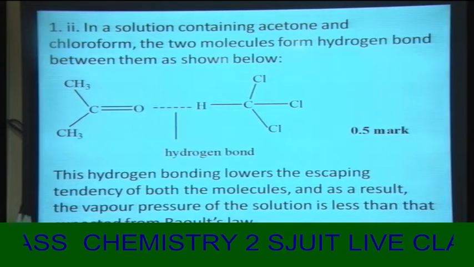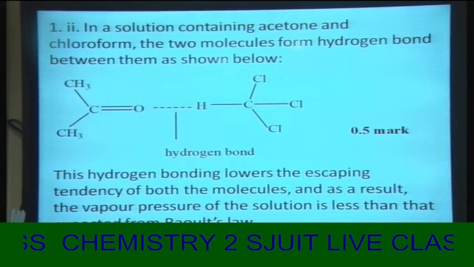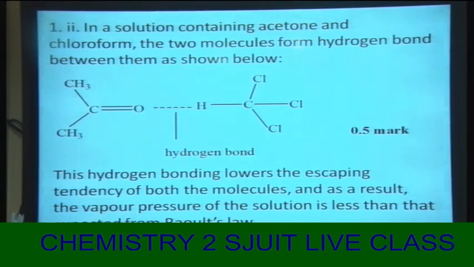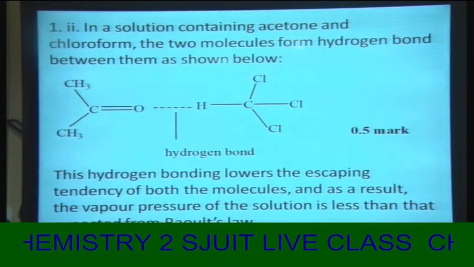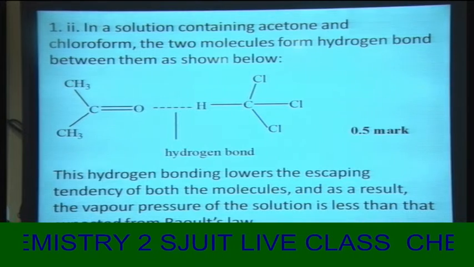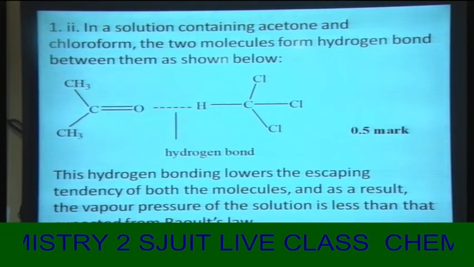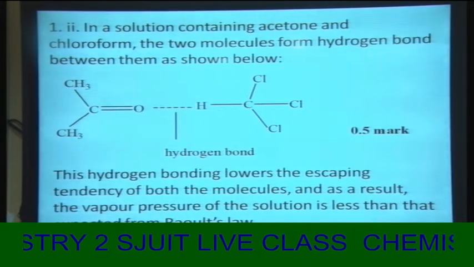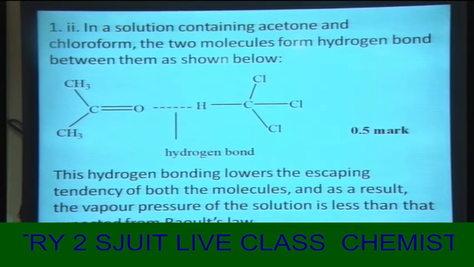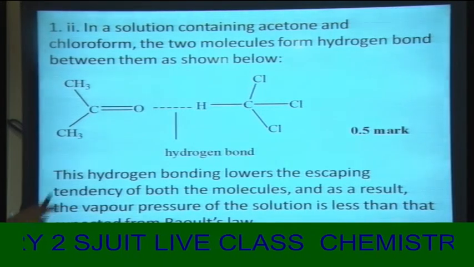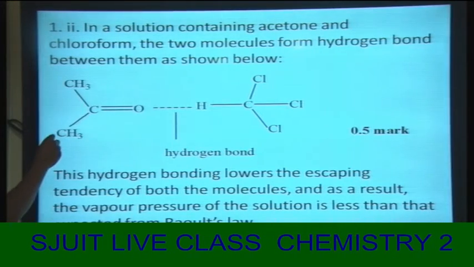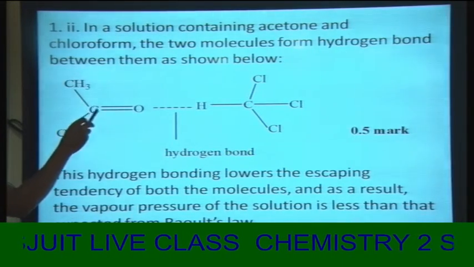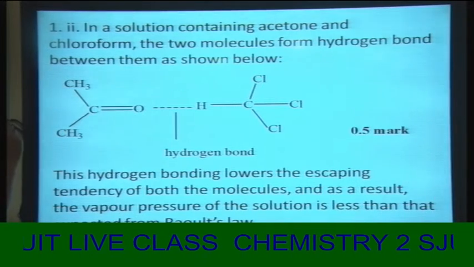In a solution containing acetone and chloroform, as you can see from the structure, acetone and chloroform form a hydrogen bond between themselves as shown below. This is the acetone molecule with 3 carbons and a carbon-oxygen double bond.